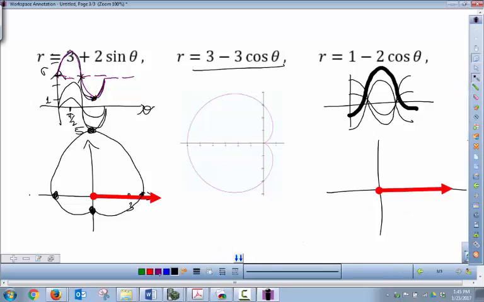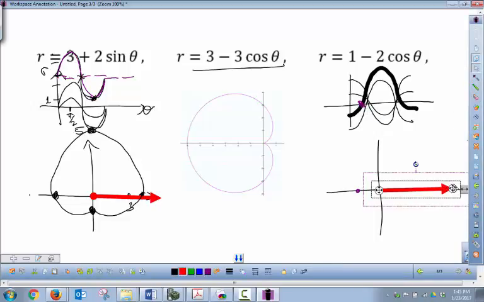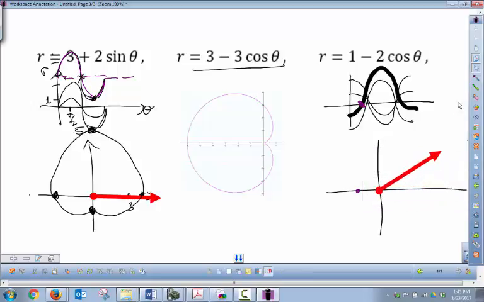So what happens here is as you're starting off when theta is equal to 0, you're at negative 1. So you're actually starting over here on the negative side. And then at some angle over here, which we don't know, which I guess you can find out if you want, you go to 0. So imagine from the back over here going to 0.